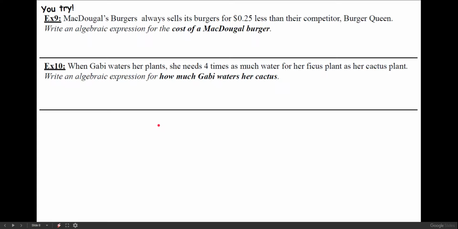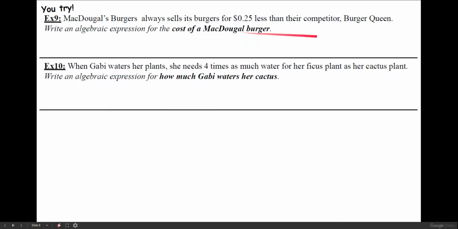Let's go on to number 9. You try this one. McDougal's Burgers always sells its burgers for 25 cents less than their competitor, Burger Queen. Write an algebraic expression for the cost of a McDougal burger. Well, we don't know how much McDougal's or Burger Queen sells its burgers for, but we do know that McDougal's sells theirs for 25 cents less.